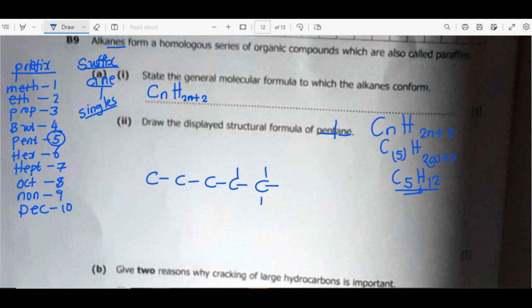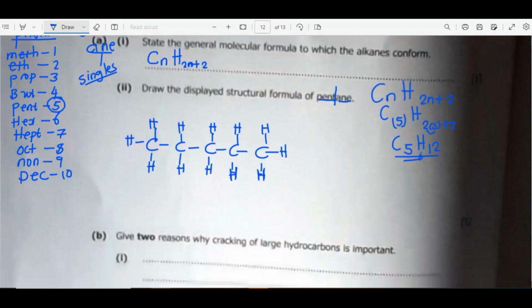Then from there you show the hydrogens. So you put the hydrogens here. This is our structural formula of pentane. And if you want more of these, I have created videos on organic chemistry. You can just search and you'll be able to find more of these so that you may have the full information.